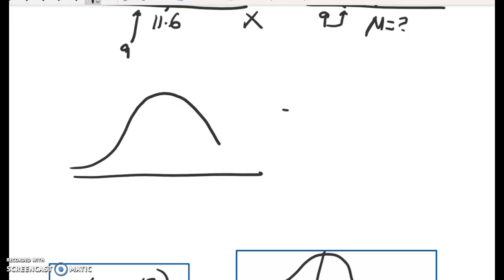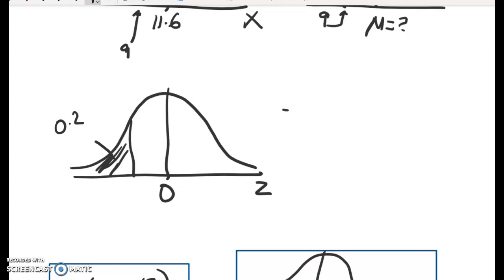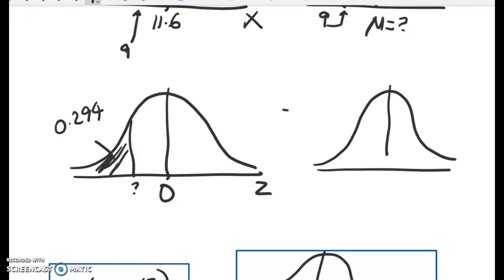I'm going quite slowly now. Here's my z value. What z value is going to cut off 0.294 here? Now when we look up in our z table, or we can do this on our calculator, we're looking for this area in here.